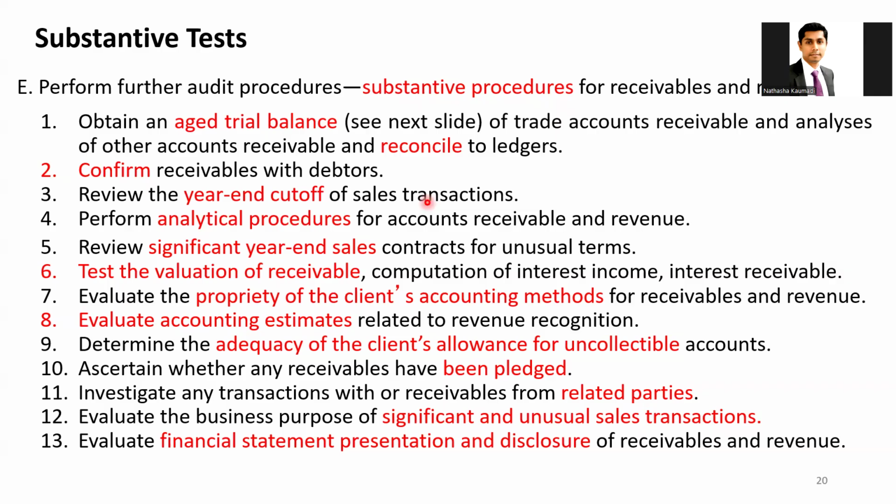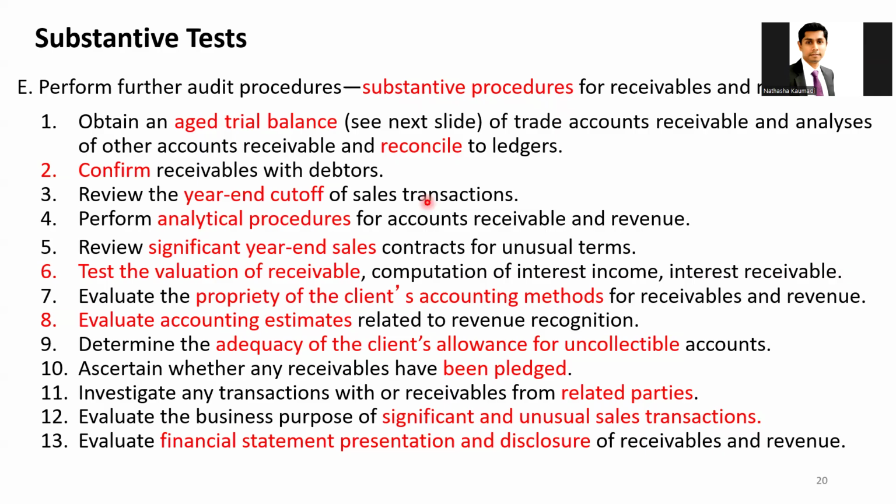So you go and inspect the sales invoices and you check the invoice date, and try to understand whether those invoices have been recorded in 2024 or in 2025, in the correct accounting period. You do the same for year end as well.